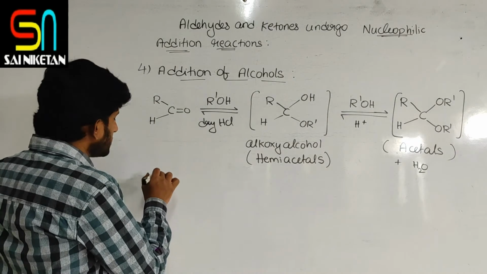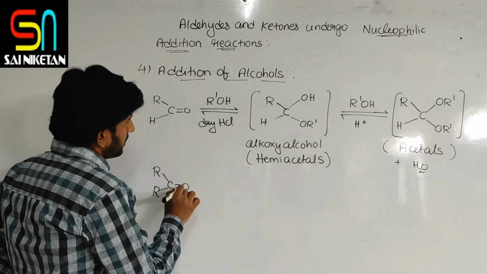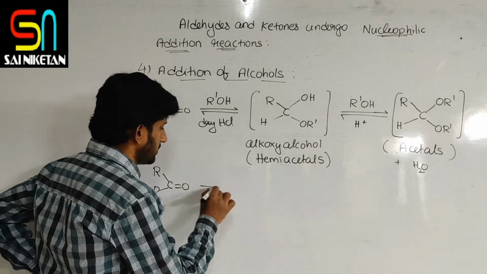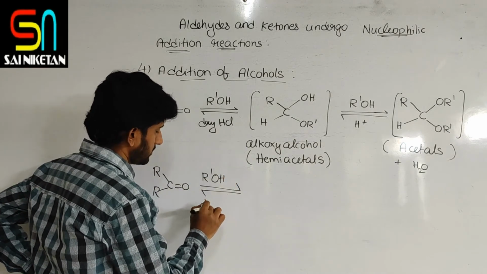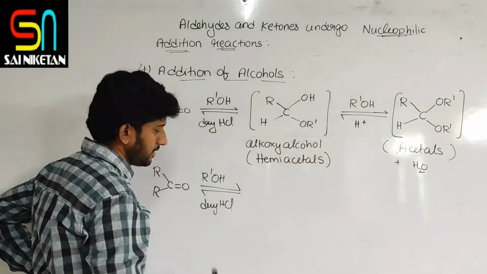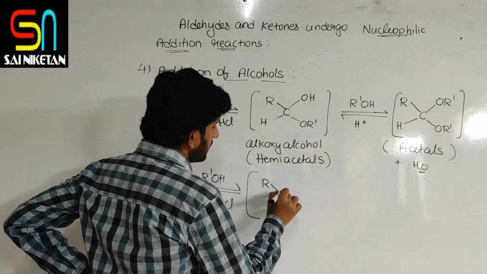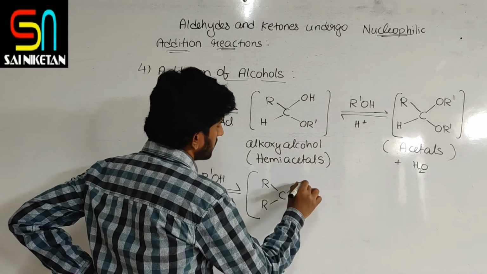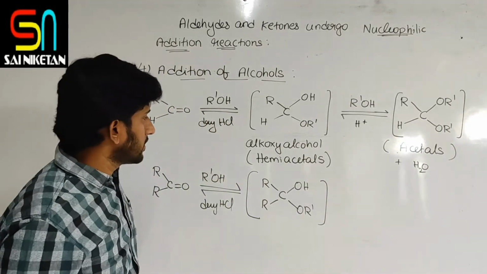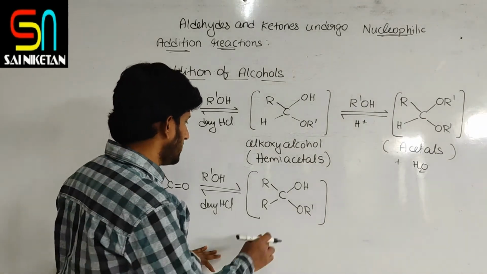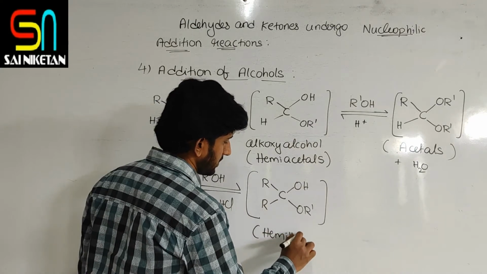Next, when any ketone reacts with alcohol, here also alkoxy alcohols are obtained, but in this case these are called hemiketals because they are obtained from ketone.